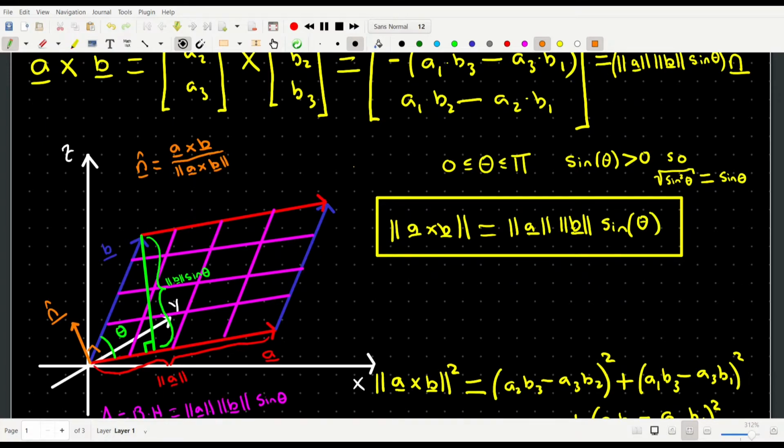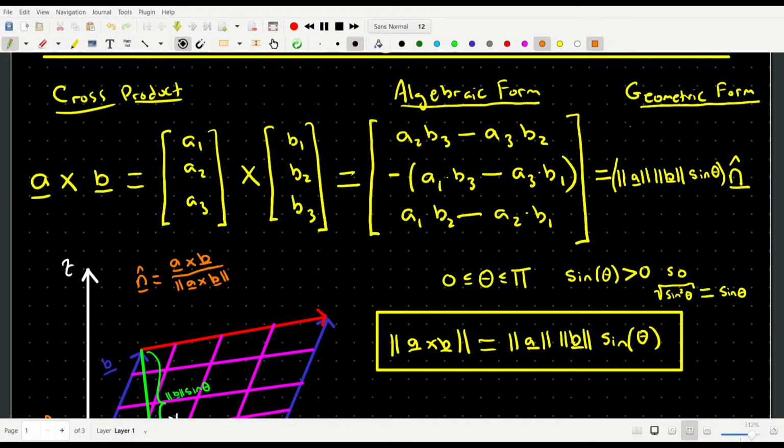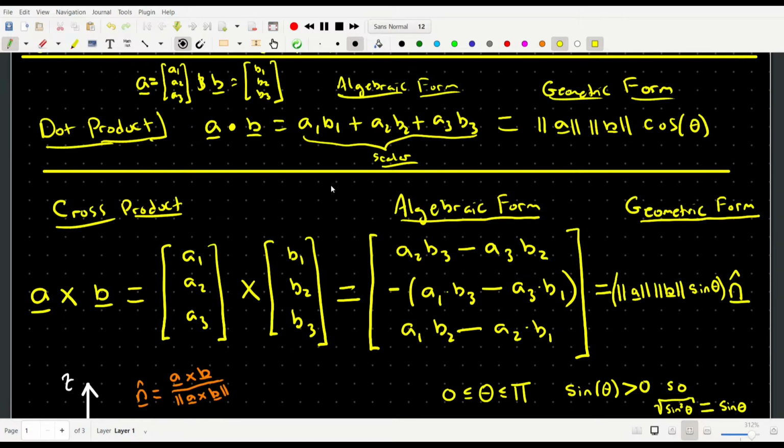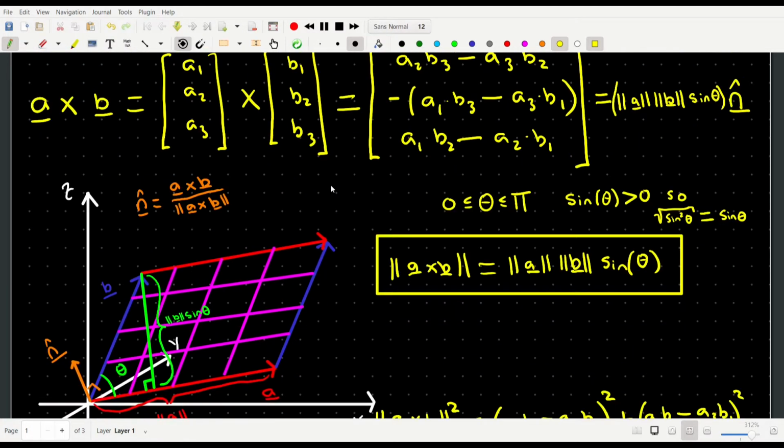And just like for the dot product, in various situations the geometric form is more useful, and in various situations the algebraic form is more useful. So this is a slightly longer calculation than the dot product calculation, but it's amazing to me that this works out so nicely mathematically. It's always been amazing to me.